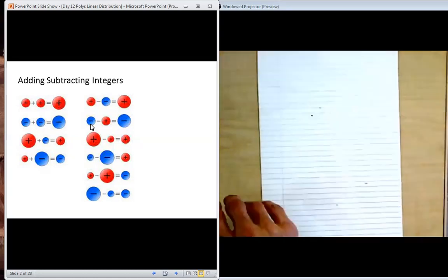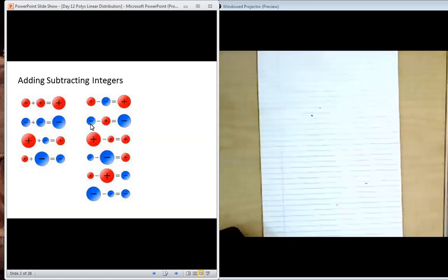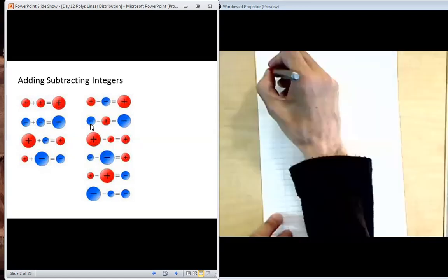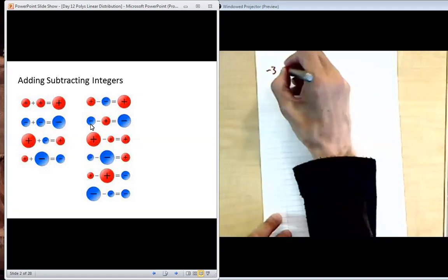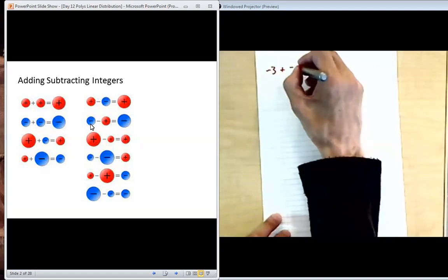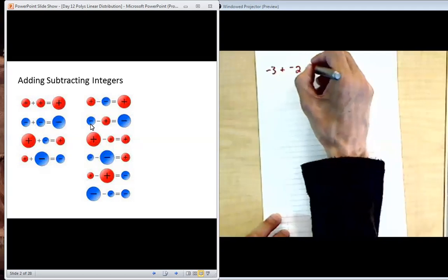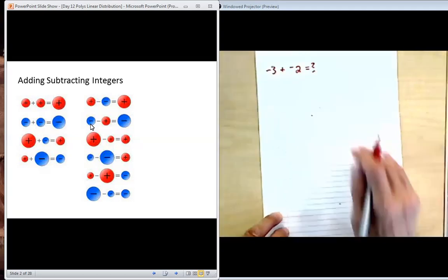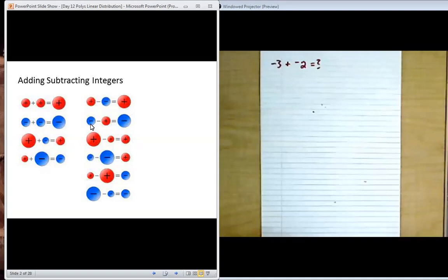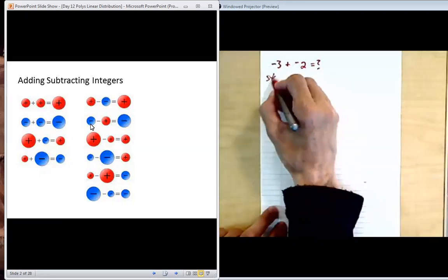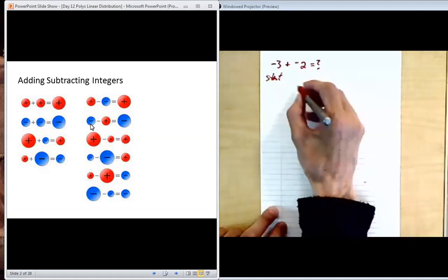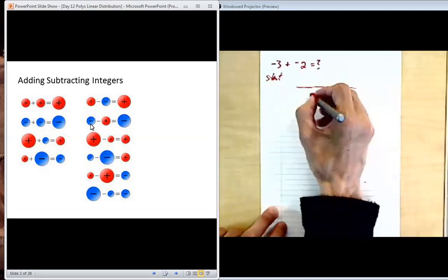But we can try a couple of these just to see that it works. Let's say we have -3 plus -2. What's that going to be equal to? -5. -5 from class, -5 from Zoom. Yeah, let's check. We start here, there's the ground level, down 1, down 2.